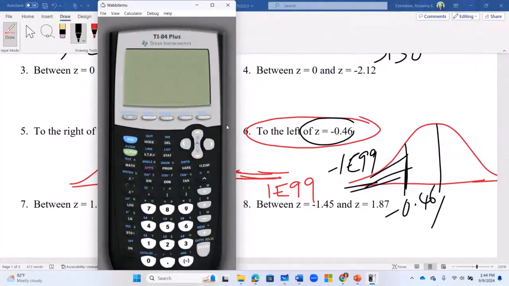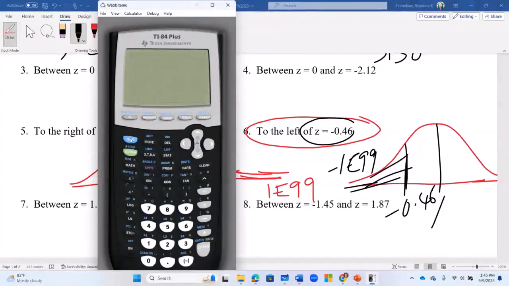That's why they provided the calculator for you. Knowing how to use your calculator will increase your speed and accuracy, and you will do very well in the test. So I want to find the area to the left, and I want to remember that negative infinity is negative 1 e to the power 99.